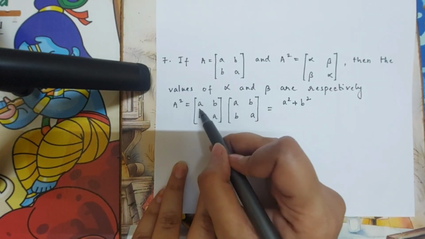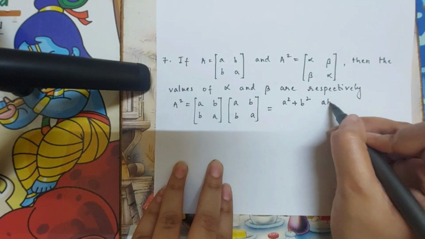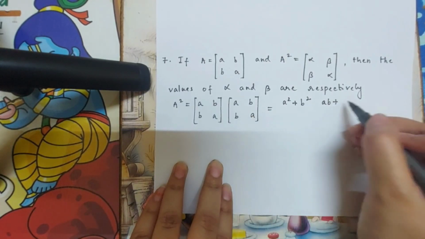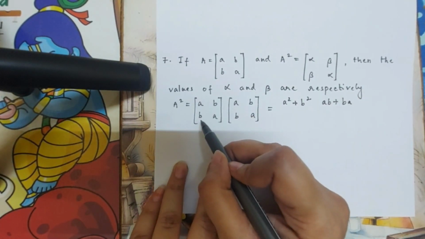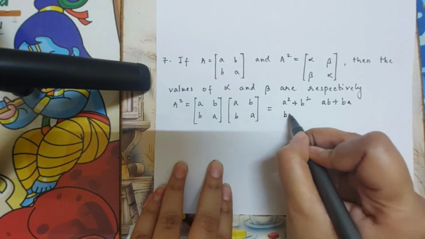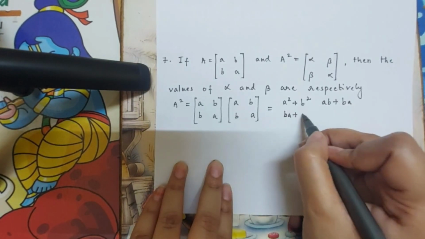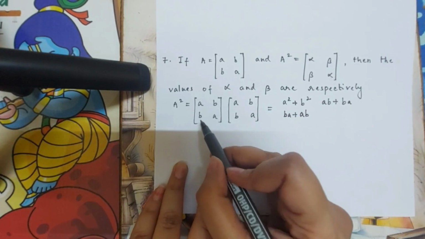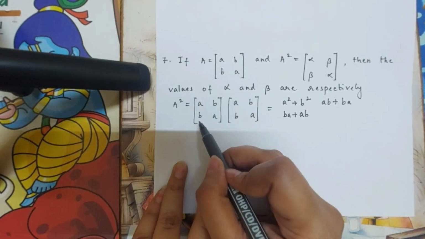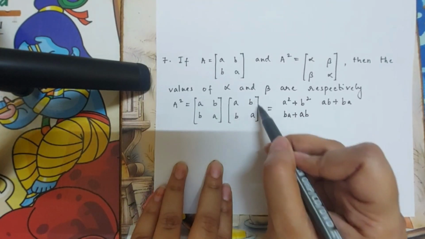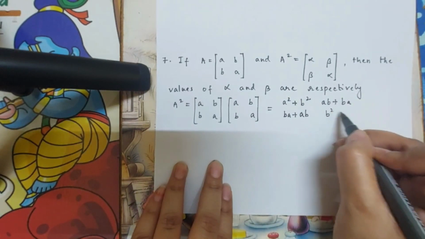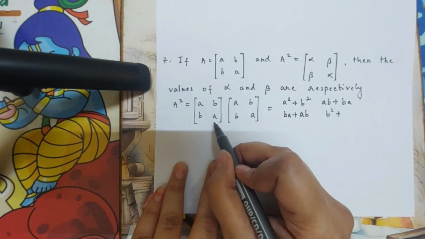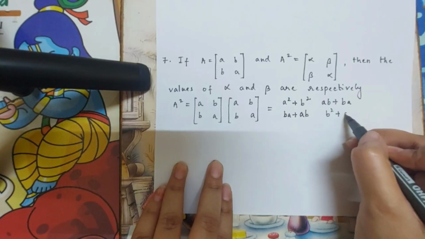So that will be a into b plus b into a. For the third element again, I'll be able to write b into a plus a into b. Again, I'll be considering the second row and the second column. So I'll be able to write it as b into b is b square plus a into a is a square.